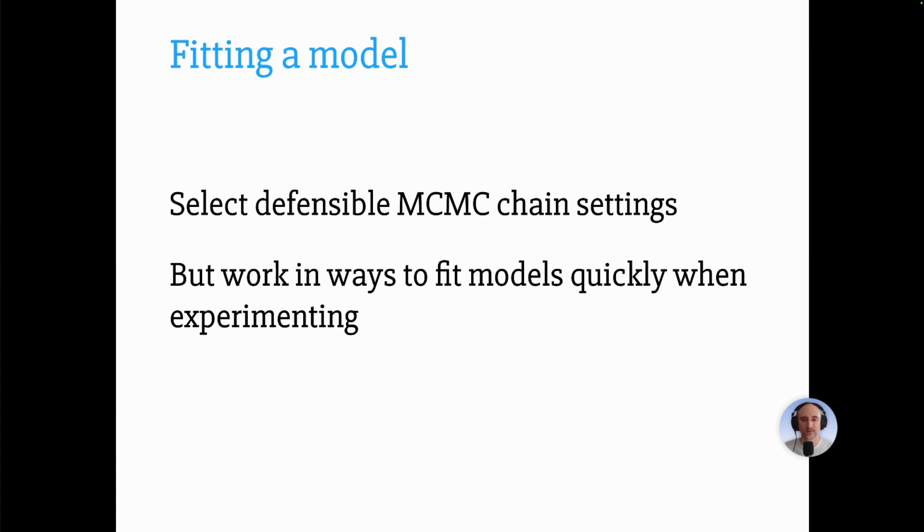We need to select defensible MCMC chain settings. We've talked about that throughout. But we need to work in a way that we can fit models quickly when experimenting. So that means we may experiment with just one chain and a few hundred MCMC samples so that we can fit rapidly our models before deciding on our final model. So we don't want our chain settings to inhibit our ability to quickly experiment.